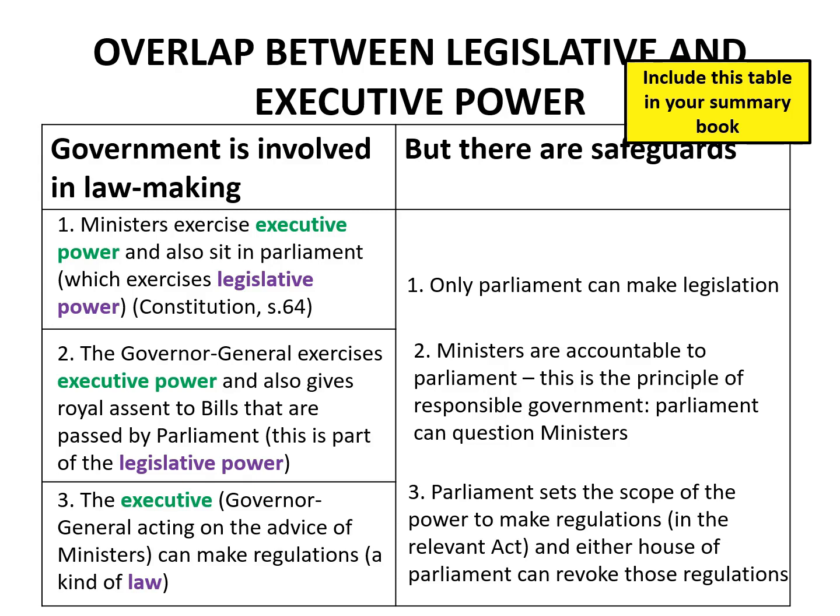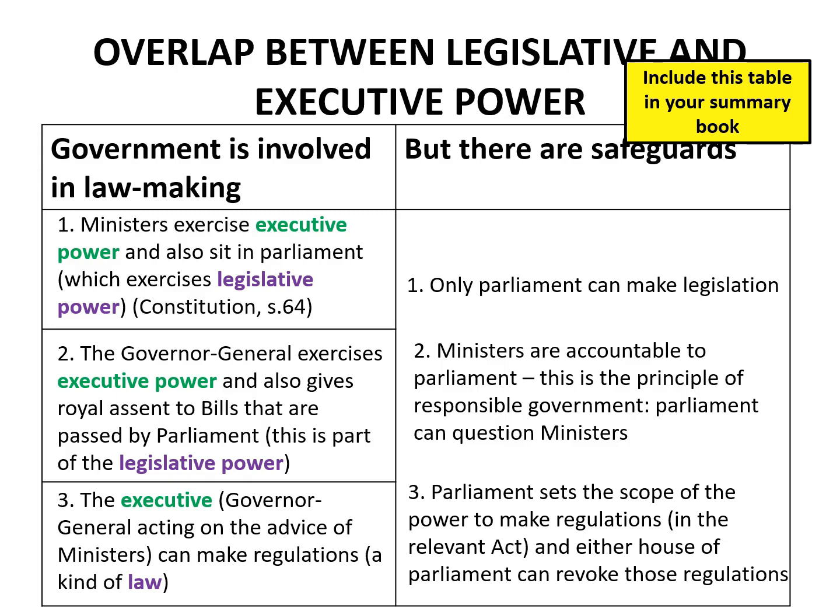In addition, if either House of Parliament disagrees with the regulations that are made, then within a certain time after those regulations are made, that House can revoke, that is, overturn those regulations. In this way, Parliament is able to exercise some control over the minister when the minister is making laws in the form of regulations.